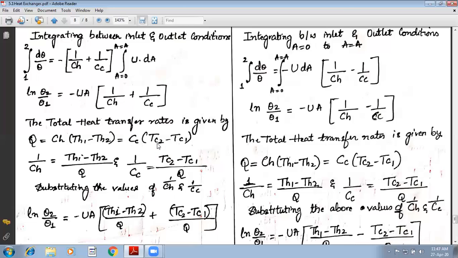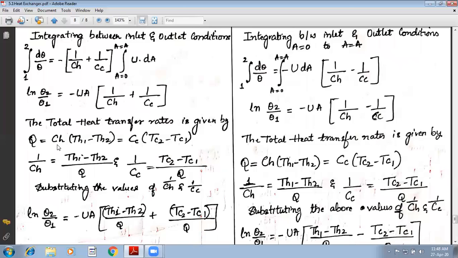We need to consider TC2 minus TC1, where TC2 corresponds to the exit temperature of the cold fluid minus the inlet temperature of the cold fluid.